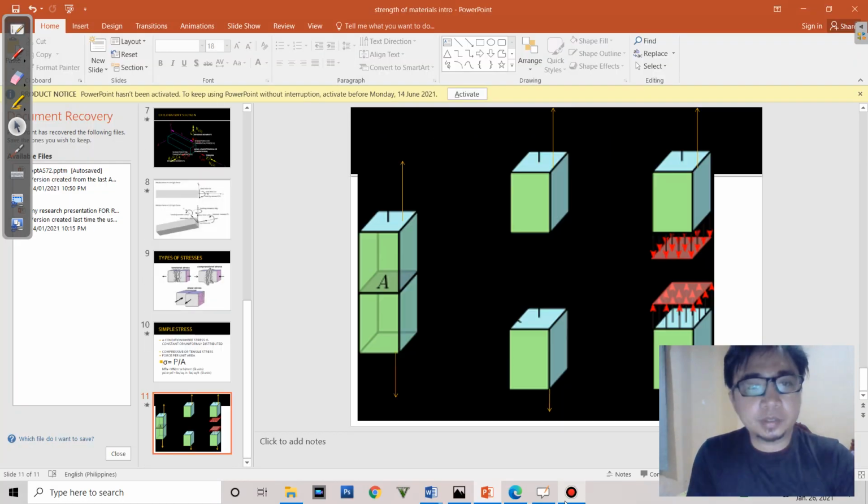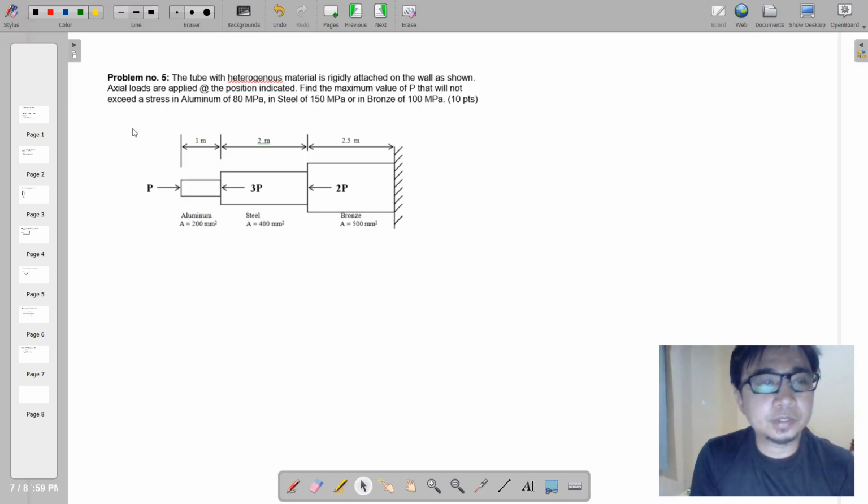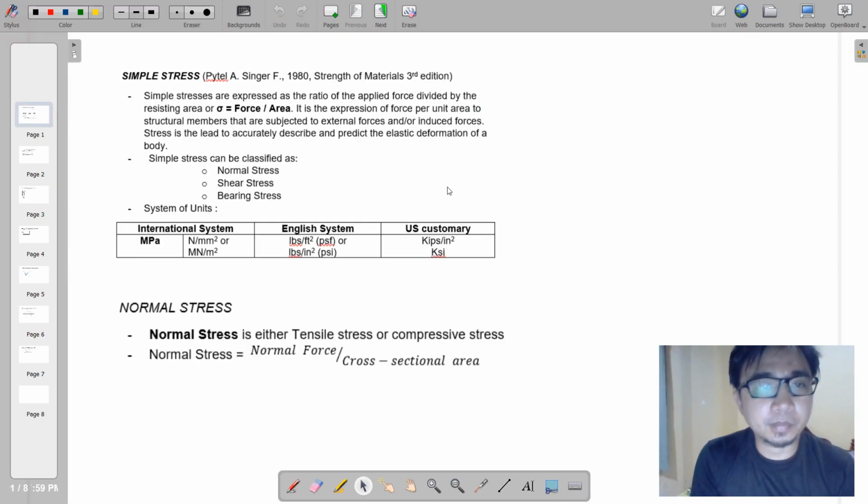Okay. So now we are going to have some of the details here. The simple stress is expressed as the ratio of the applied force divided by the resisting area. So just make it simple. This is just equal to force all over area.